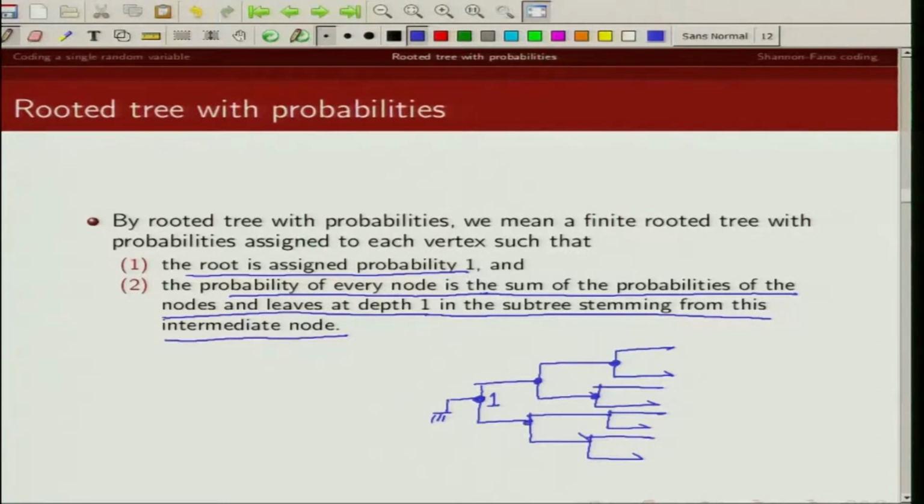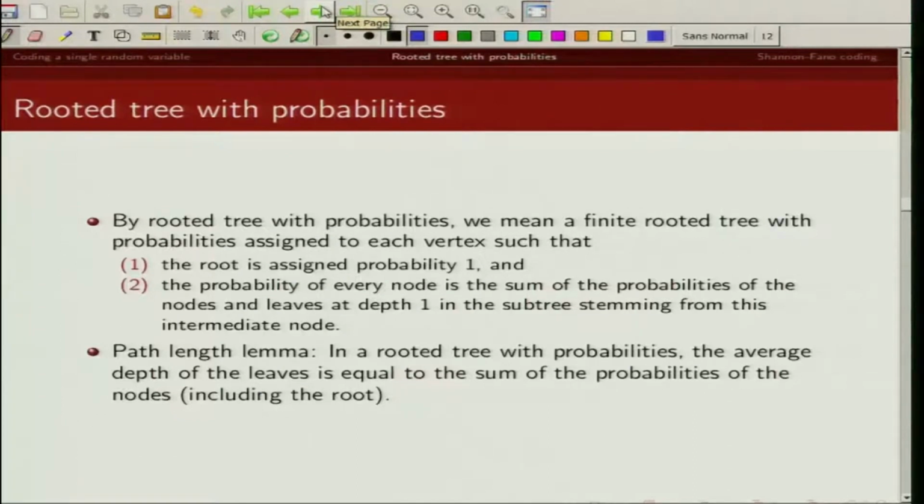So you look at any node here, you look at nodes and leaves at depth 1 from this node. In this example, it is this node and this node. So the probability of this particular node is nothing but the probability at this node plus the probability at this node. Similarly, what is the probability at this particular node? That is given by the probability of this leaf plus the probability of this leaf. So this is how we construct our rooted tree with probability.